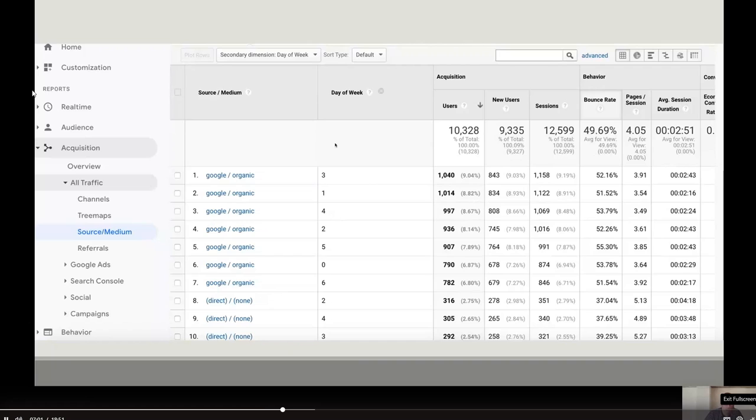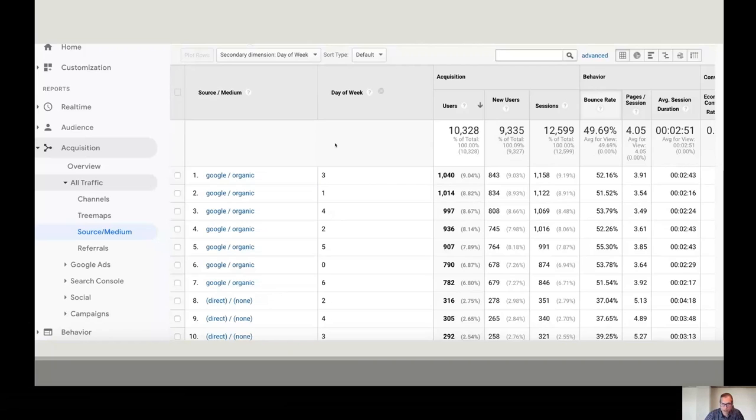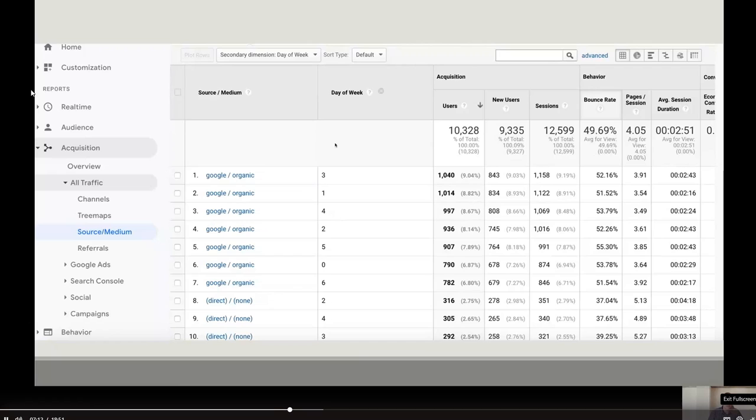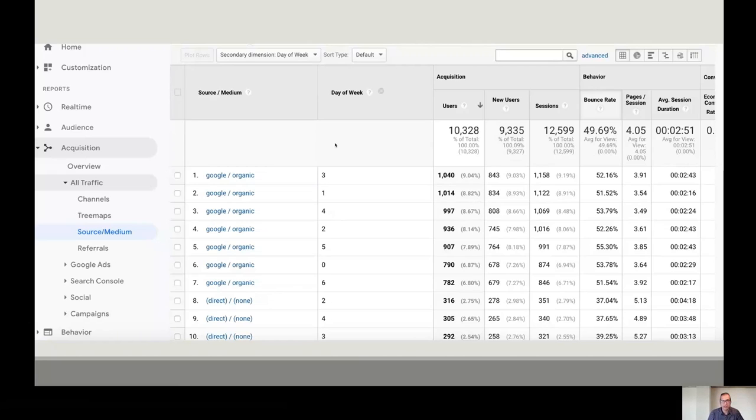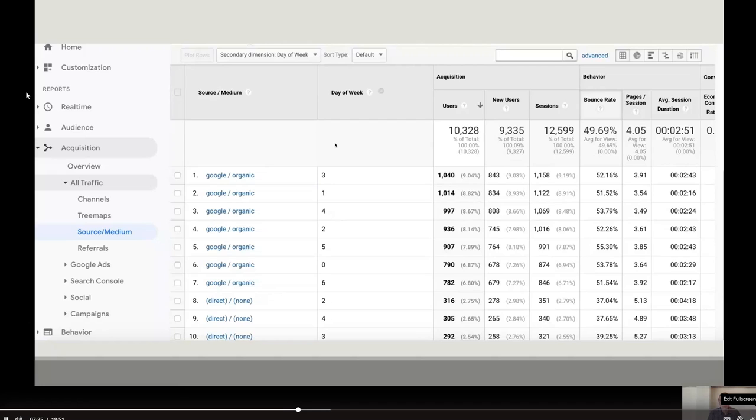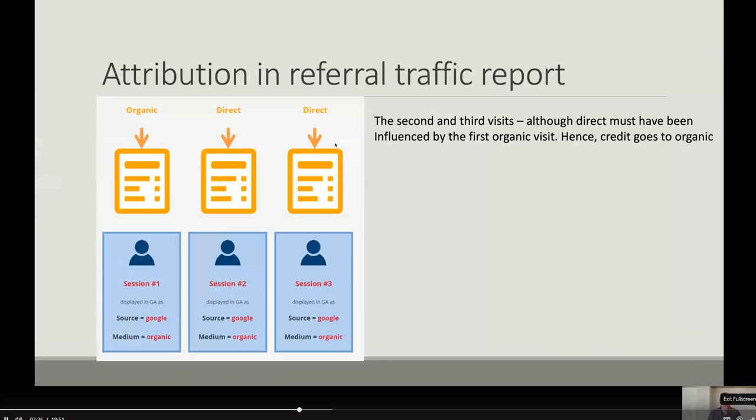Perhaps a lot of people are searching for your website on Tuesdays for whatever reason. And if that's the case, perhaps you want to intensify your ad campaigns on those days as well, right? So you can see that immediately adding the secondary dimension gives you more information, which can be very valuable in giving you some insights into how to run your marketing campaigns.